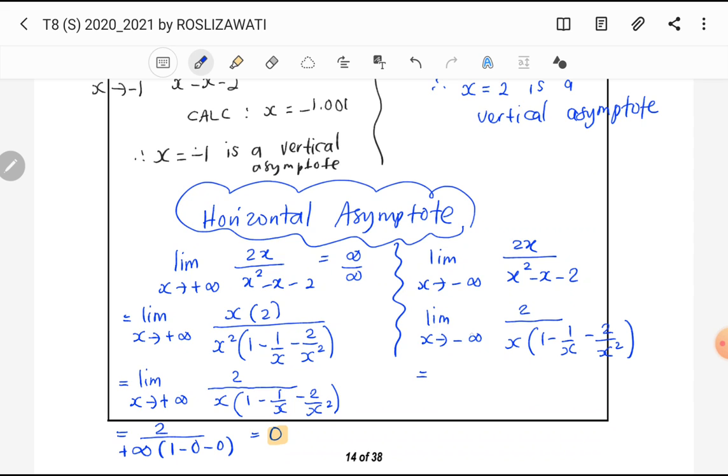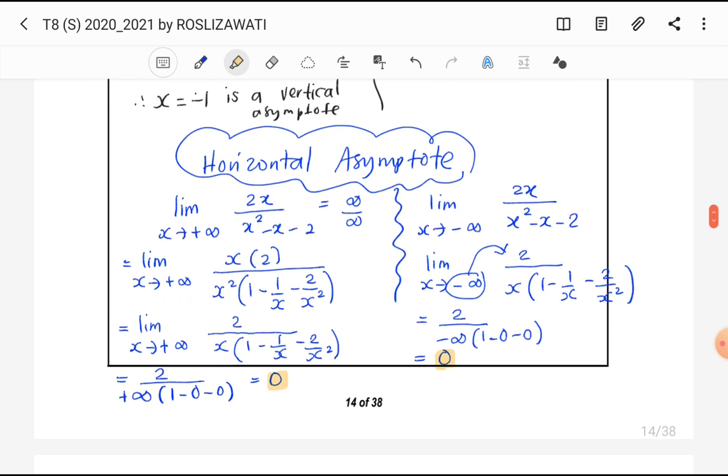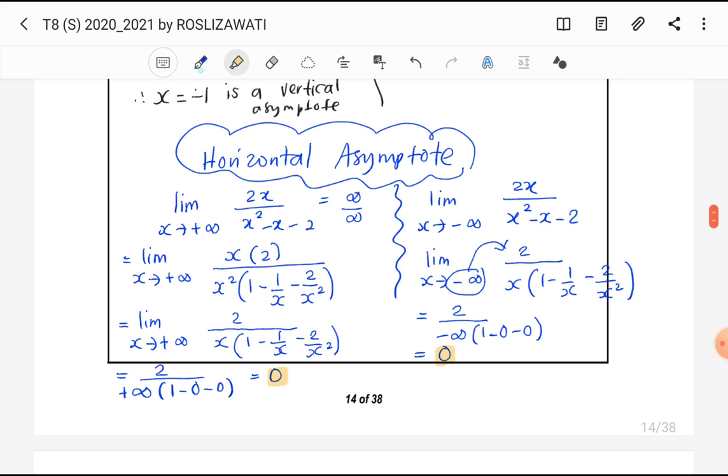And we substitute negative infinity into the function, and then we will get 2 over negative infinity times 1 minus 0 minus 0. So equal to 0. So limit as x approaches positive, negative infinity, both kita dapat 0.